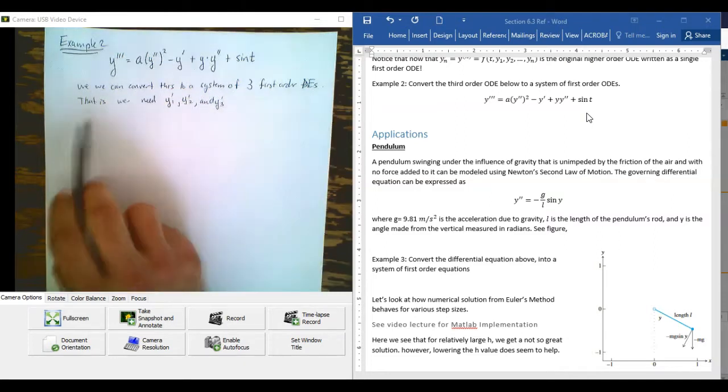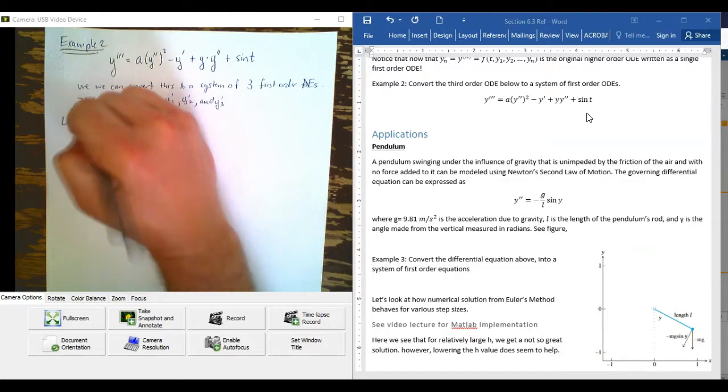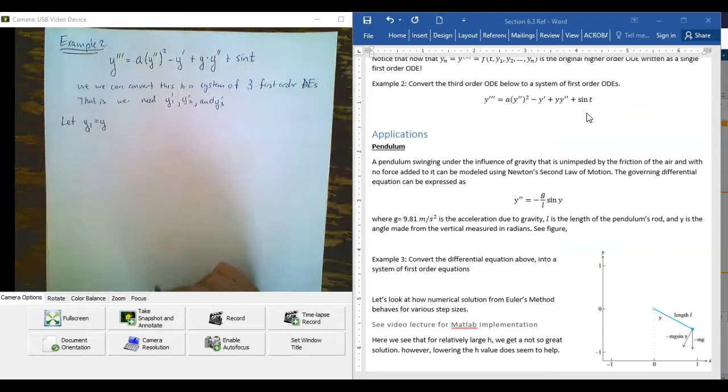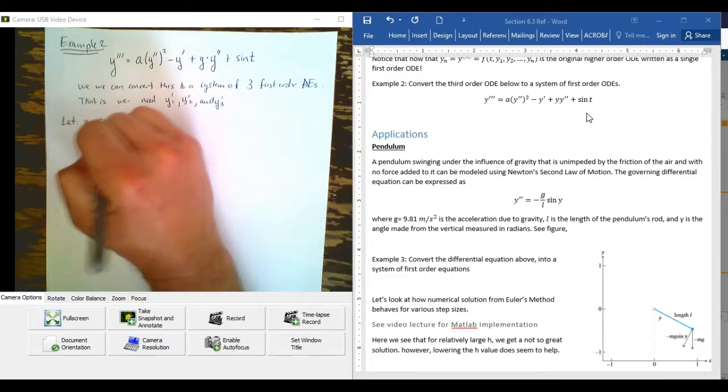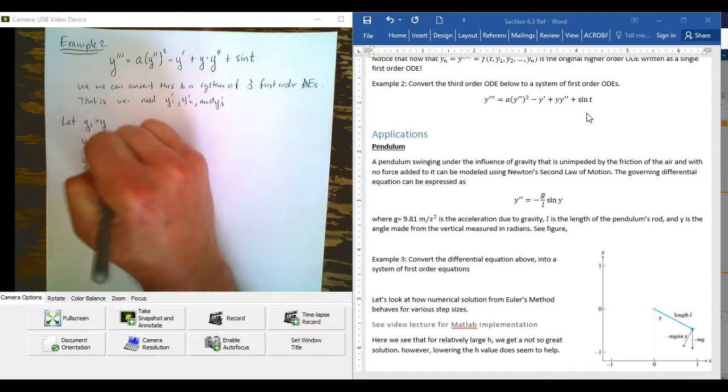So the first thing we need to do is introduce some new variables. So we're going to let y1 be equal to y, y2 equal to y prime, y3 equal to y double prime.